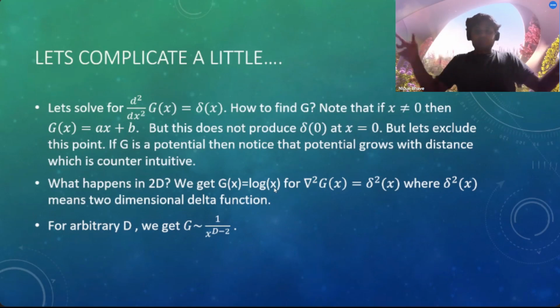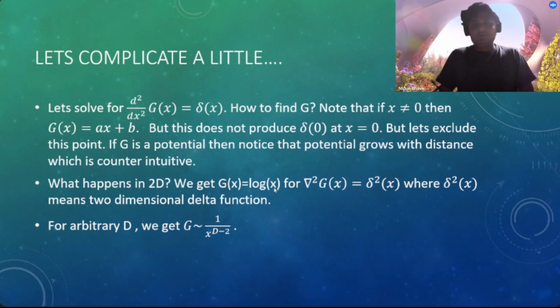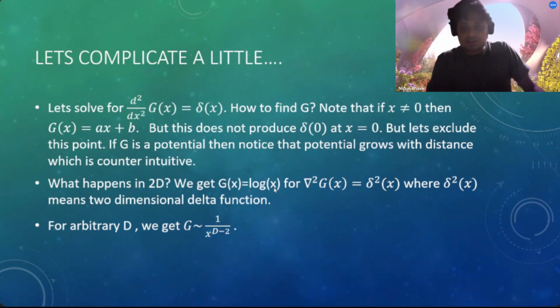Because things will go apart and apart, and this process will just go on forever. So there will be no bound state at all. So yeah, my talk is pretty much over.